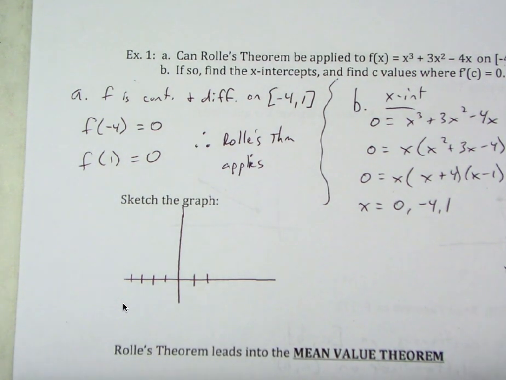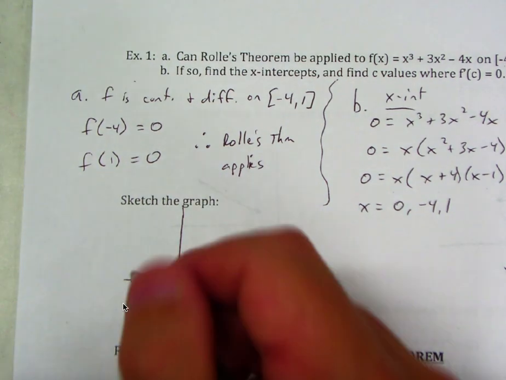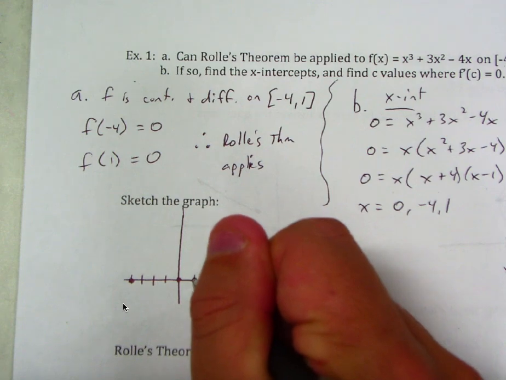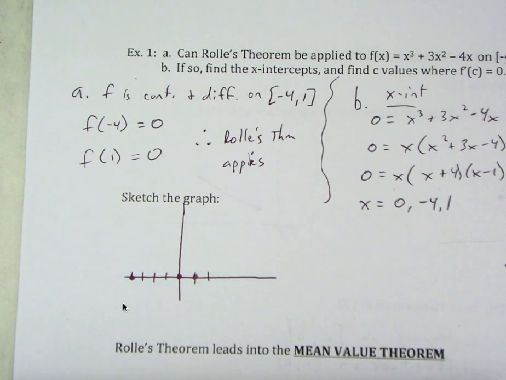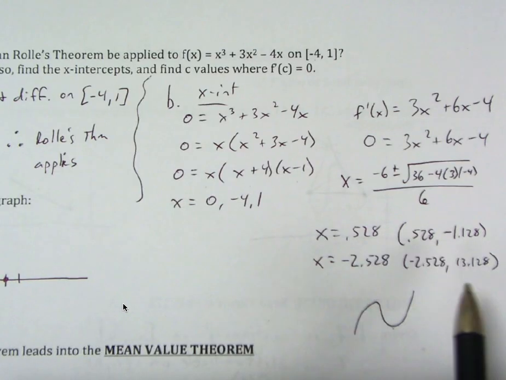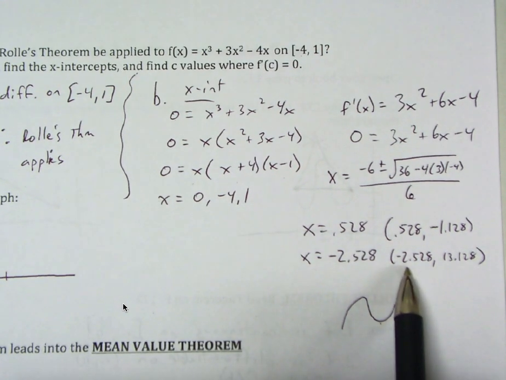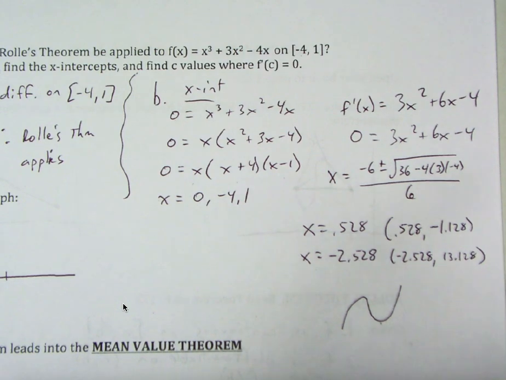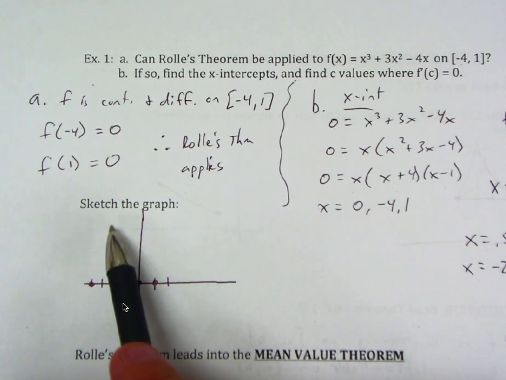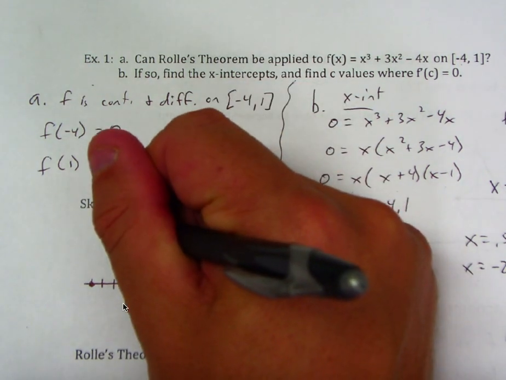And I know my x-intercepts are at 0, negative 4, and 1, so I can put my x-intercepts there. And I also know the points where the humps are. You know, I know there's going to be a point at negative 2.5-ish up to 13. So negative 2.5-ish up to, I'm just going to estimate and throw a 13 in there.